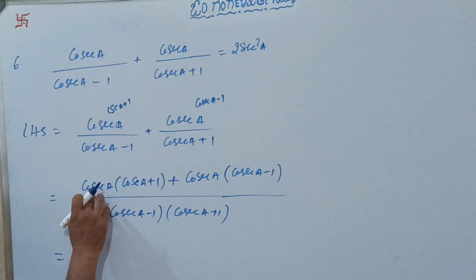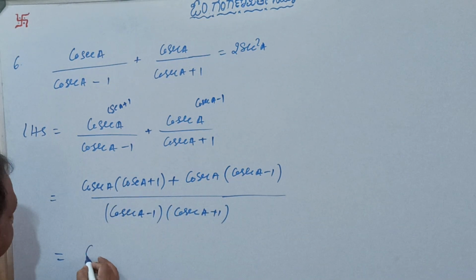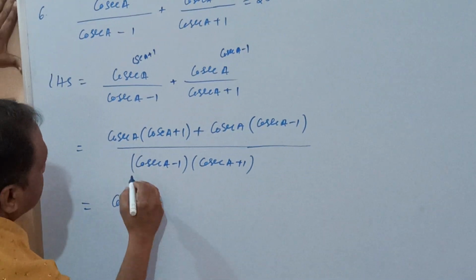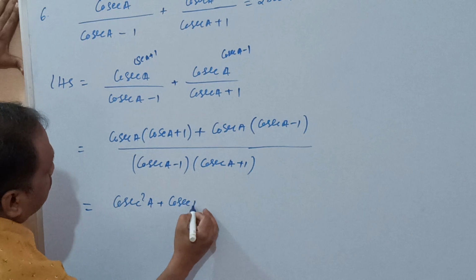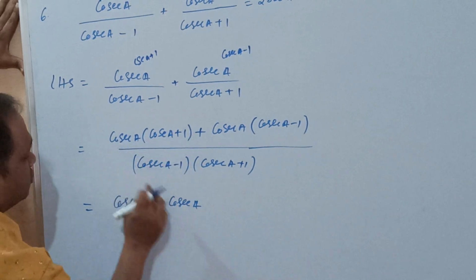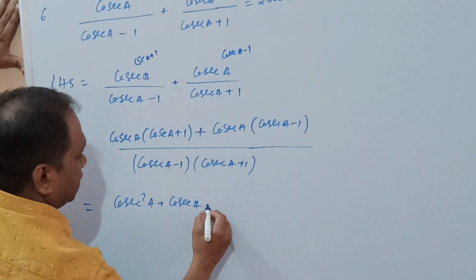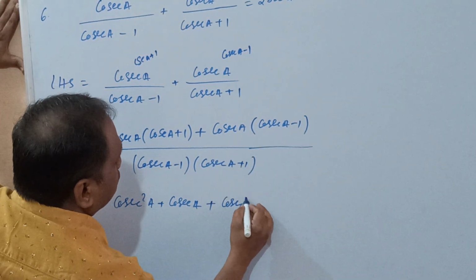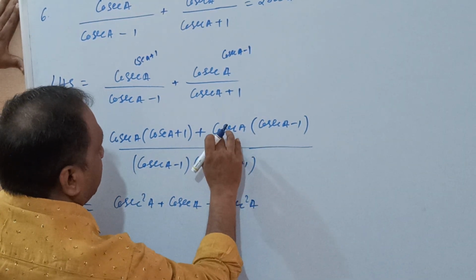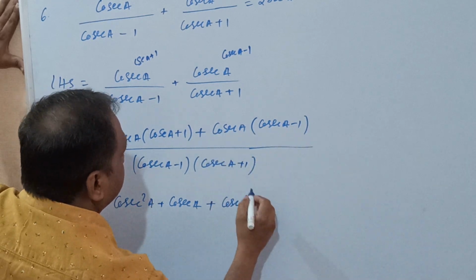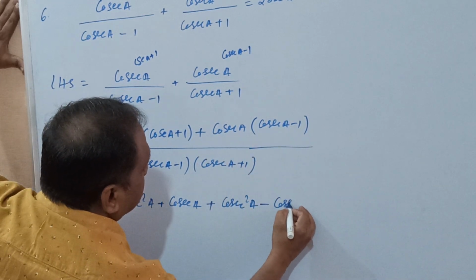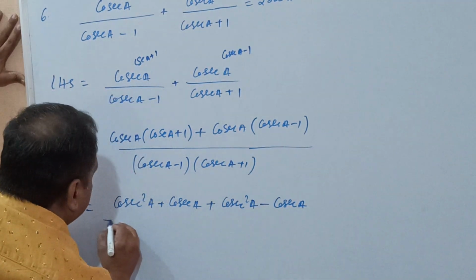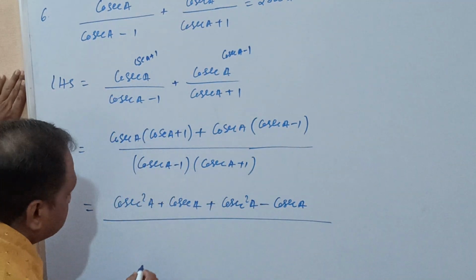We will multiply: cosec A times cosec A becomes cosec square A plus cosec A times 1 is cosec A. Now again here also cosec A times cosec A becomes cosec square A, plus into minus, cosec A times 1 is cosec A, all divided by the LCM as it is.